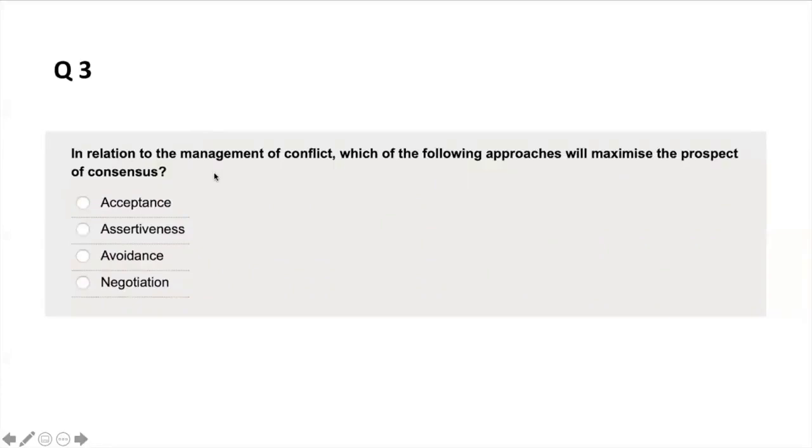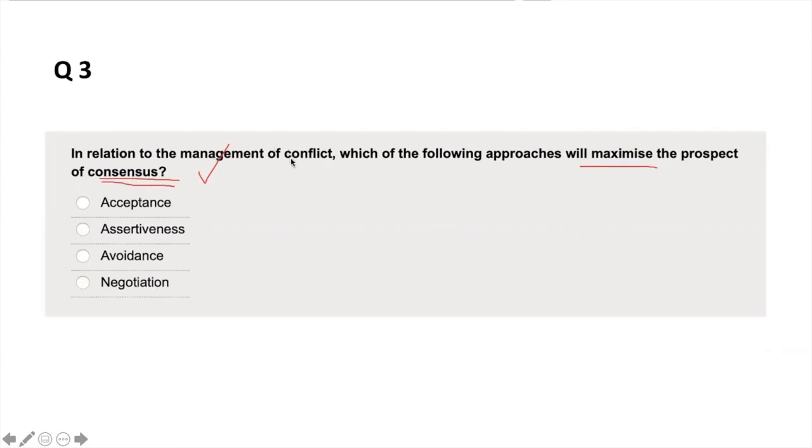Question number 3: in relation to the management of conflict, which of the following approaches will maximize the prospect of consensus? Now we need to know, of course, what the word consensus is, and consensus means coming into agreement, okay? So that's a very important word here, consensus. We want to reach agreement.